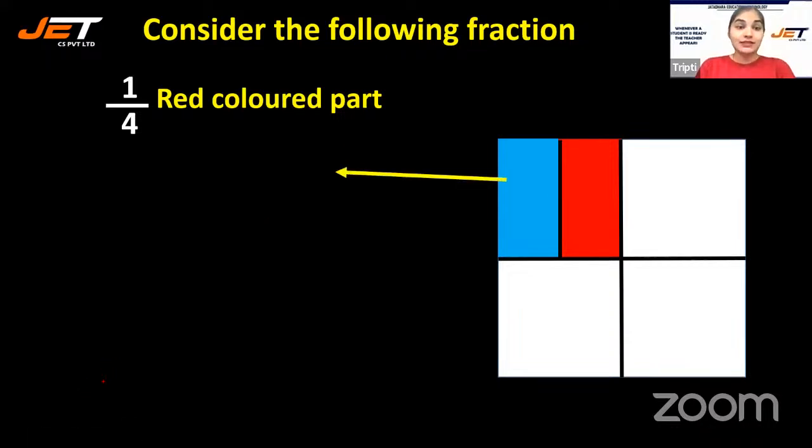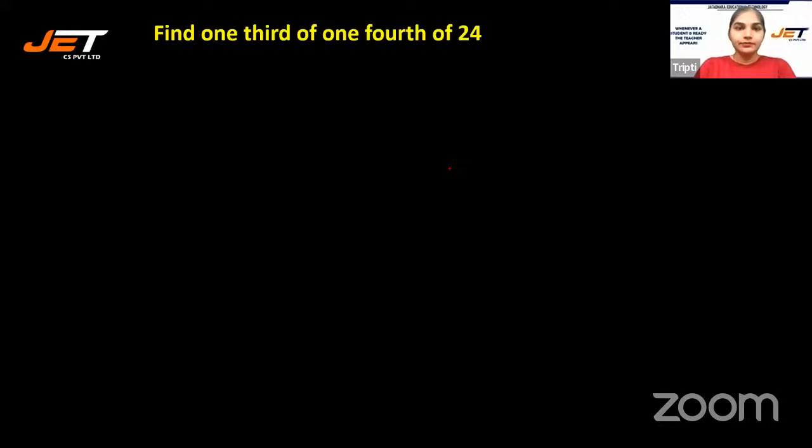1 by 4 is divided further into half. Basically, this is half of 1 by 4th part of the entire square. I repeat, this was the red color part. What is the fraction of this red color part? 1 by 4. Now, if I cut this red part into two parts, now what will it become?